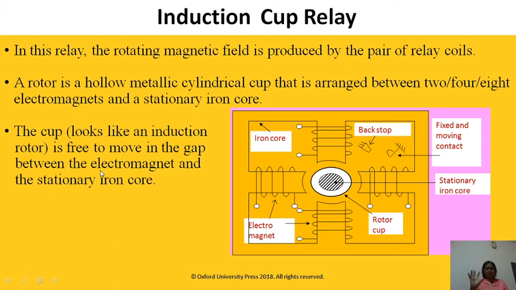It is like a hollow cup. This is the solid part, this is hollow. It will act as a rotor and it will move. The cup is free to move in the gap between the electromagnet and the stationary iron. The iron core is stationary while the cup will move.